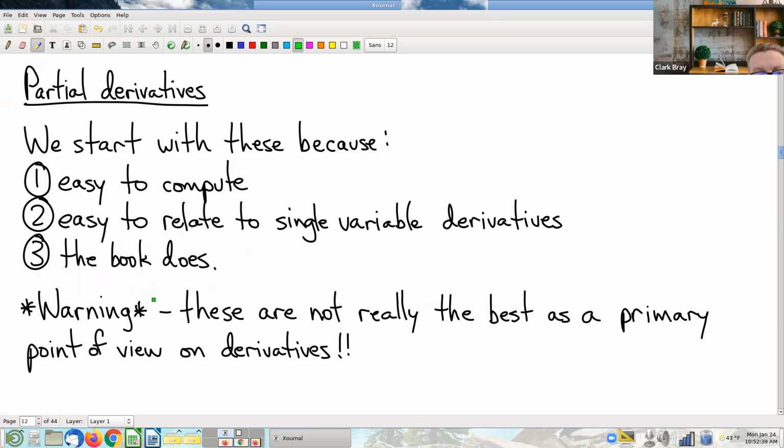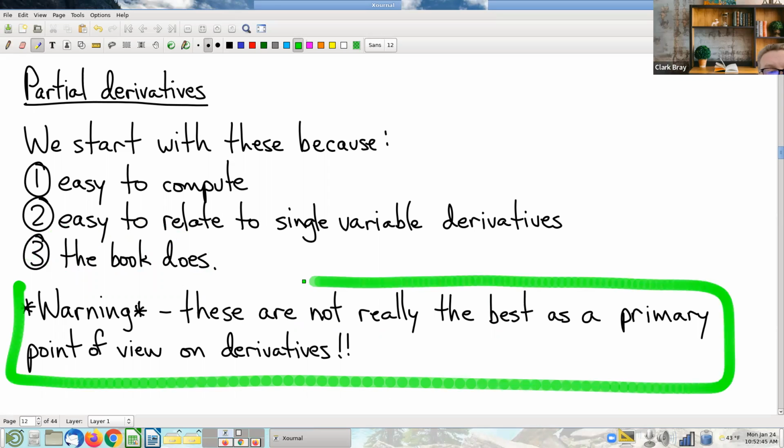Okay, that said, and I've already kind of made this point, but don't hang your hat on partial derivatives as being fundamentally how you should think of derivatives. I really think that's not right. And in fact, I think the book agrees with me on this. I'll comment on that later. But the partial derivative, I want y'all to think of this as, again, kind of a first step.